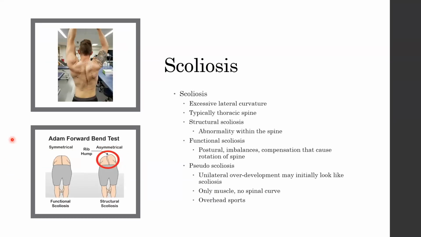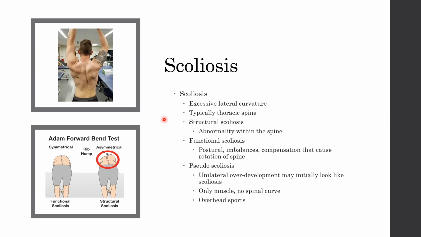So scoliosis typically occurs in the thoracic spine, and it can be broken down by how the scoliosis can manifest. For structural scoliosis, this is an abnormality seen within the actual spine. Functional scoliosis would be more postural or muscle imbalances that allow you to compensate whenever you rotate the spine.